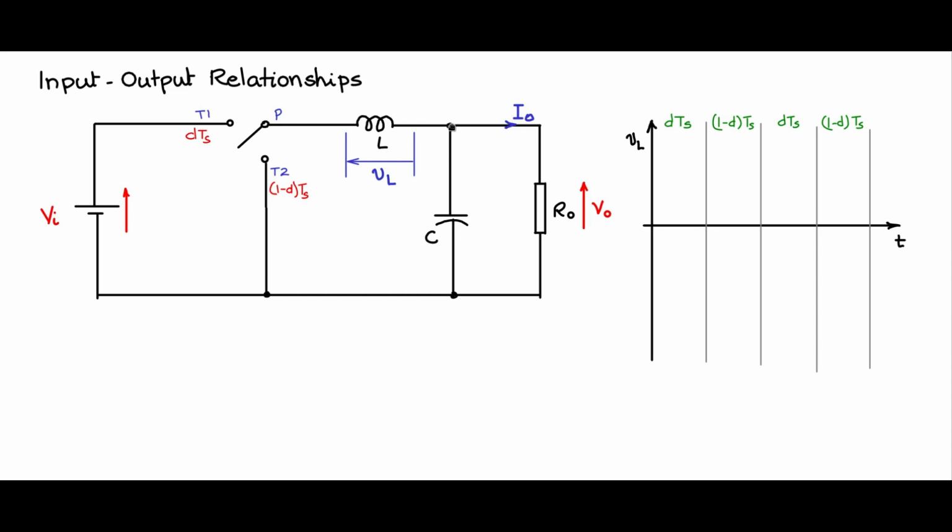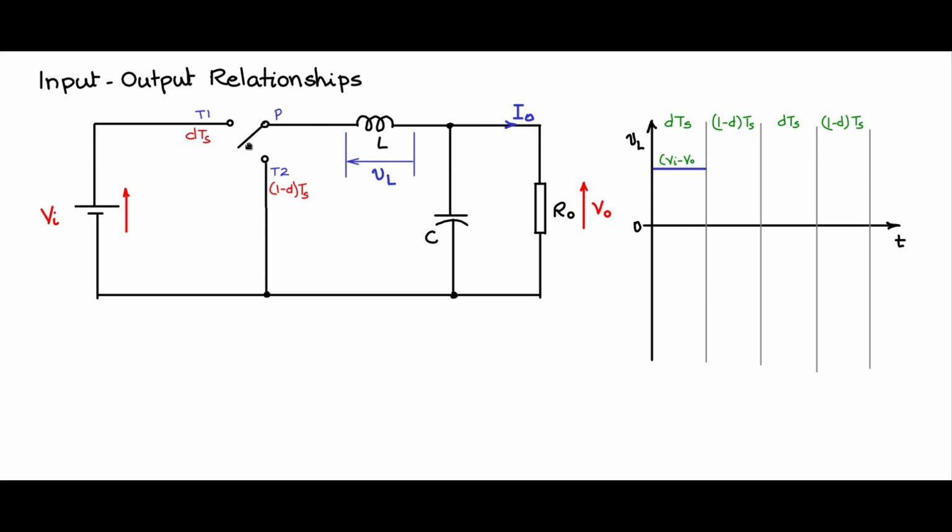We are talking of steady state conditions only because we want the steady state input-output relationship, and during that time we know the volt-second balance occurs across the inductor voltage. So this is V0 here and this is Vi here during the dTs period. Therefore it is a constant Vi minus V0 during that time, the voltage across the inductor.